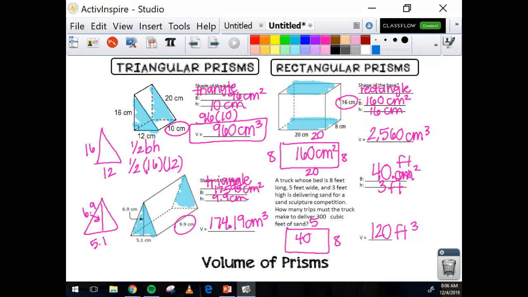It's asking how many trips it must take to deliver 300 cubic feet of sand. So if I divide 300 by 120, it's going to be about 3 trips. That should be your answers. Make sure you got those right. If you have questions, please let me know.